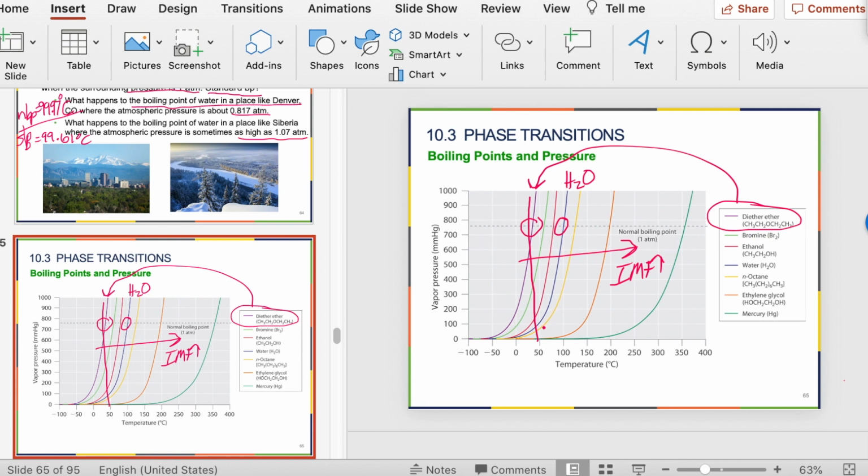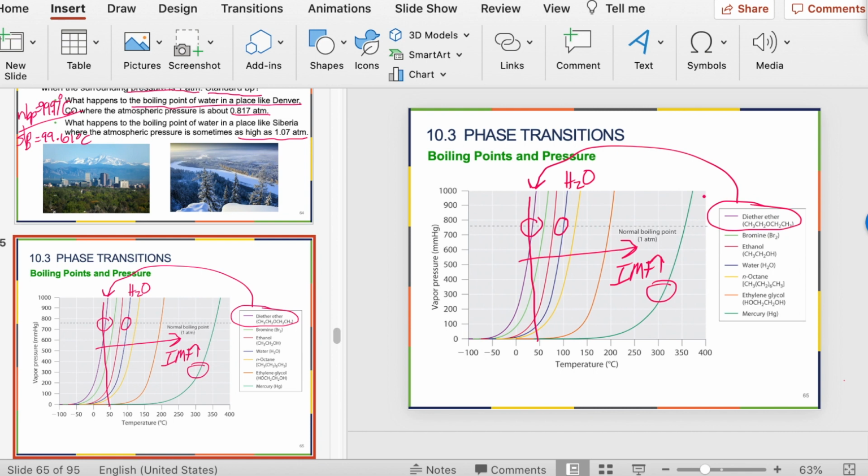That has stronger forces of attraction than water, and that has stronger forces of attraction than ether. So ether is going to have a higher vapor pressure than water, than octane, and that's this curve over on the far right is mercury. Very low vapor pressure due to the strong forces of attraction.